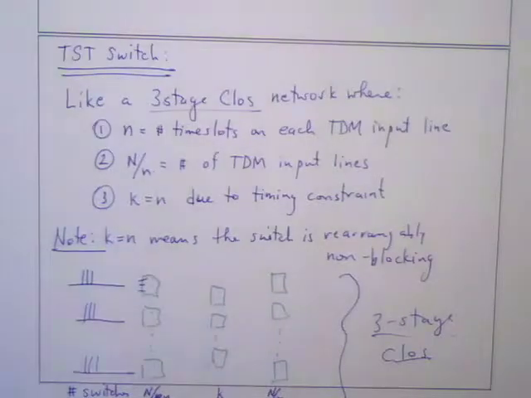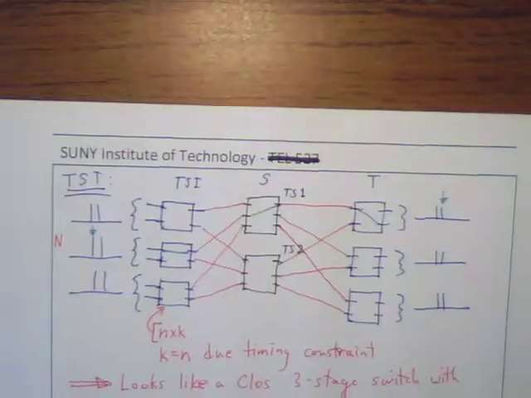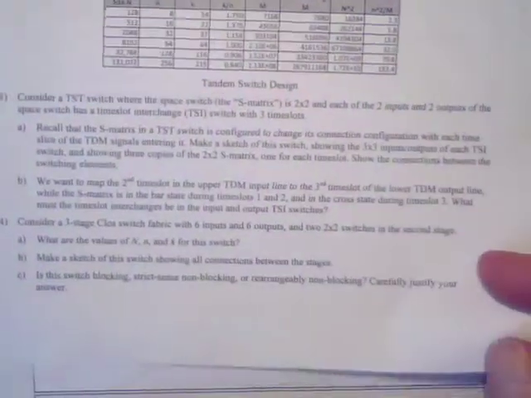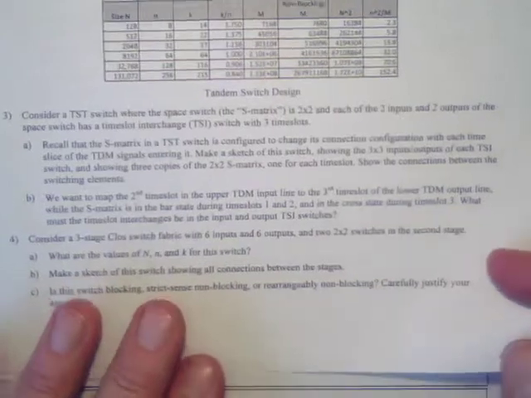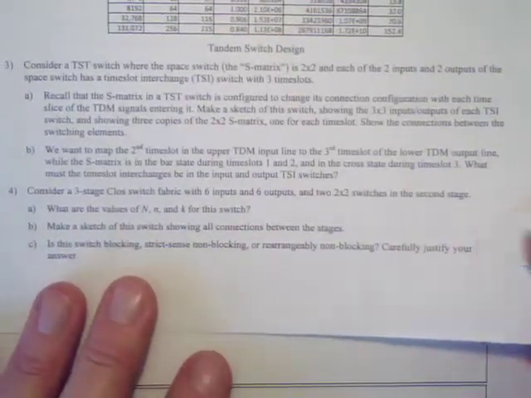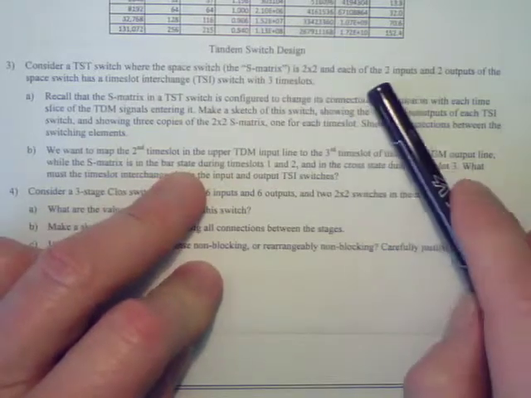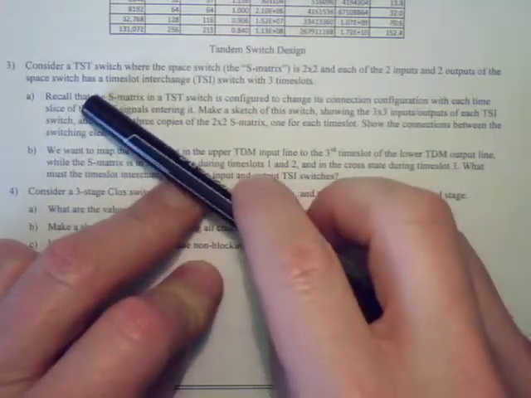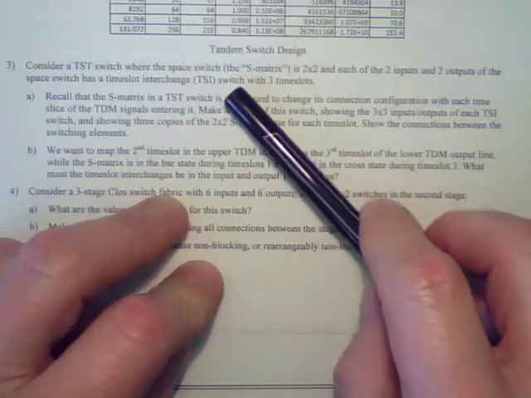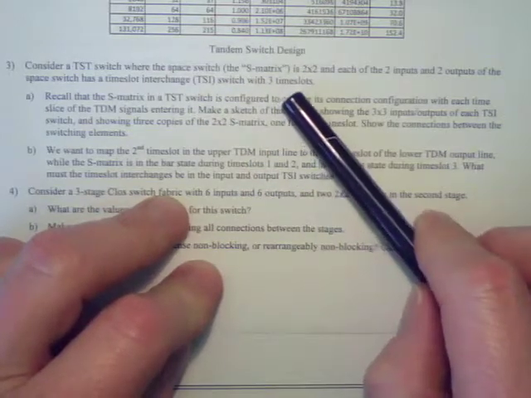Okay, and now what I'll do is I'll relate this to give you a hint on solving problem number 3 from the homework. So here's homework 3. Consider a TST switch where the space switch is 2 by 2 and each of the 2 inputs and 2 outputs of the space switch has a time slot interchange switch with 3 time slots.